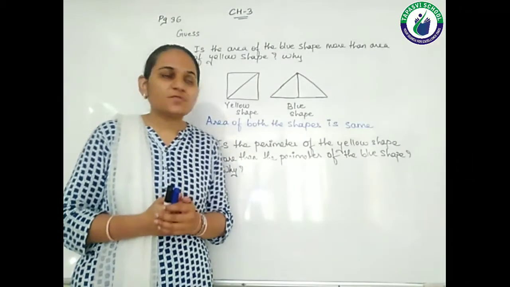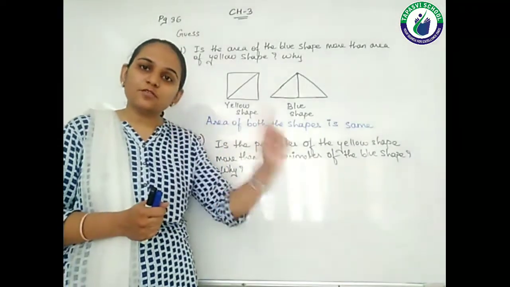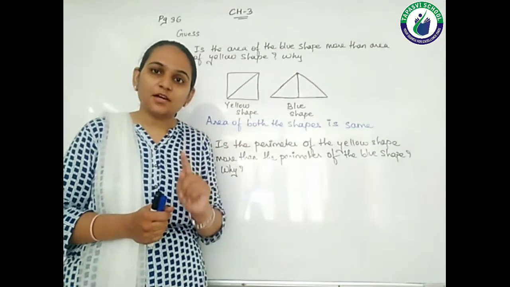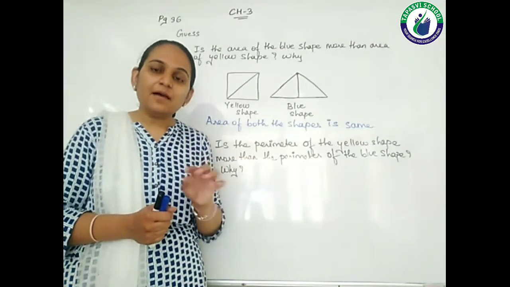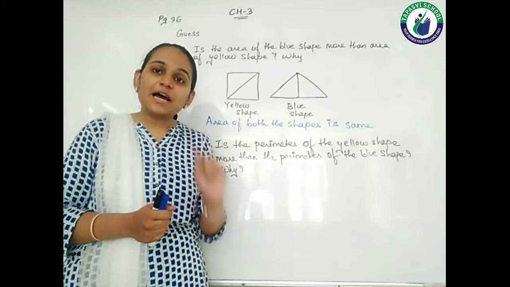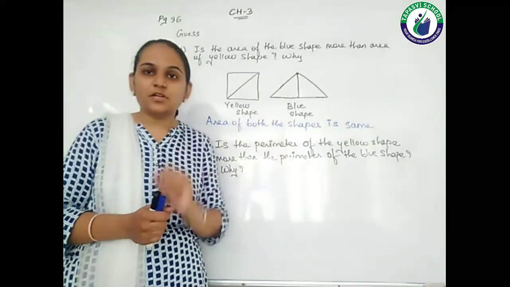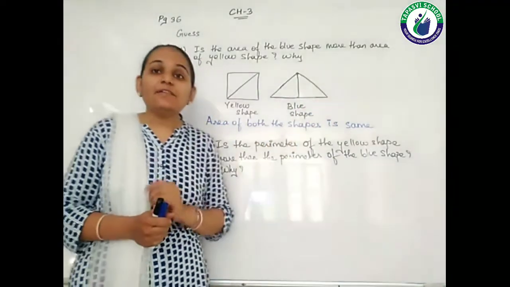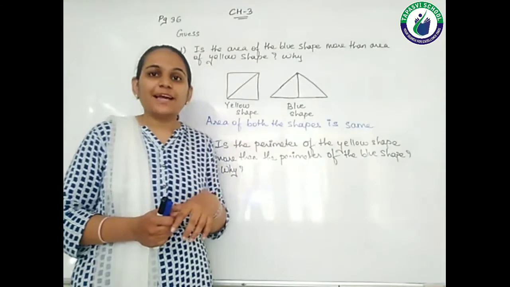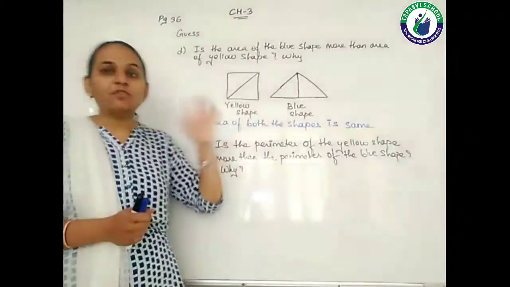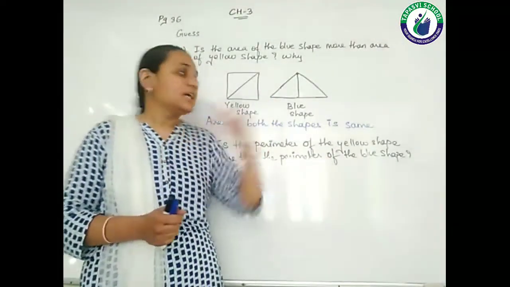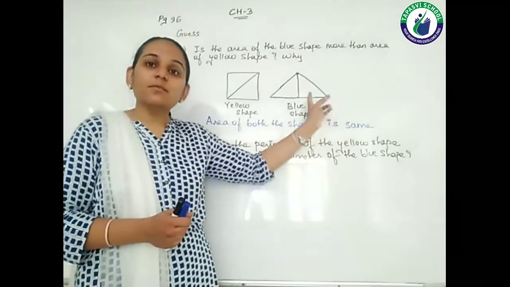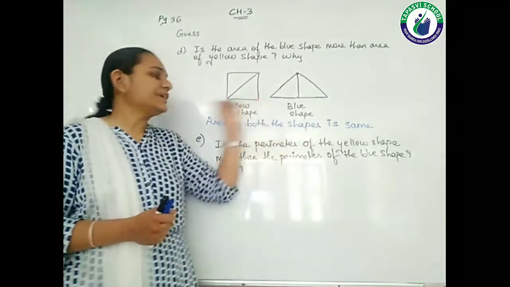If you see, students, both the shapes are the same in area, but they are different in perimeter. The blue shape has more perimeter as compared to the yellow shape. If you look into a textbook, you can see that the blue shape has more perimeter than the yellow shape.